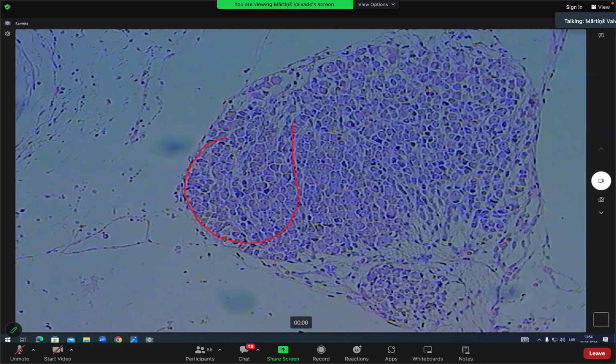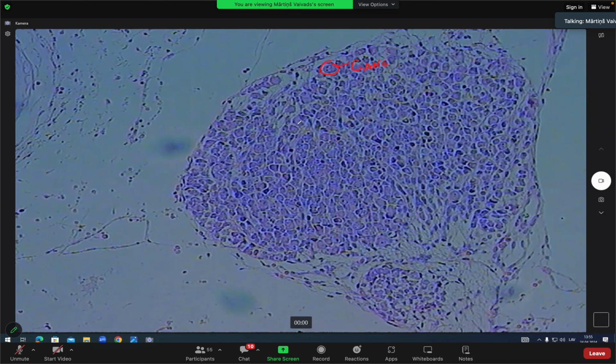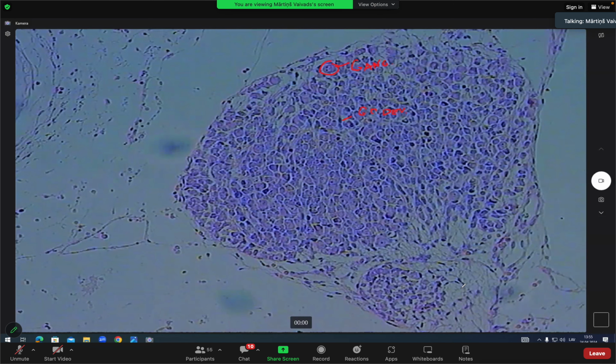So when you zoom in here, you see the whole spinal ganglion, but these cells, these are gangliocytes. Gangliocytes, small cells, glial cell development. And you also see nerve fiber bundles.